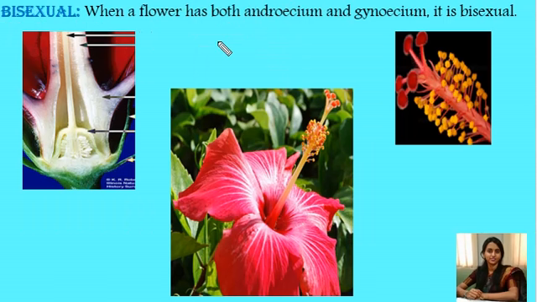In some flowers, both androecium and gynoecium are present in the same flower. For example, you might have seen the hibiscus flower. You can see these are the petals, and the sepals are not visible in this image, okay, and this is the staminal tube, fused to form one bundle.